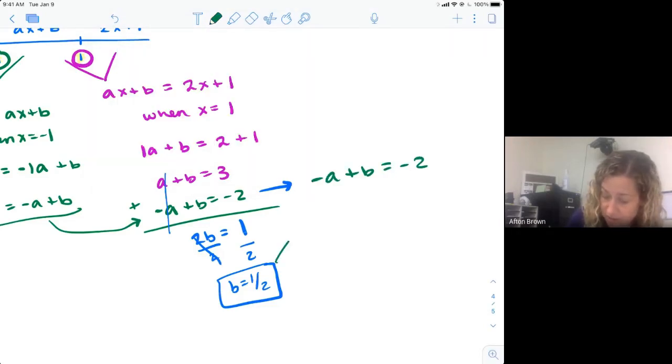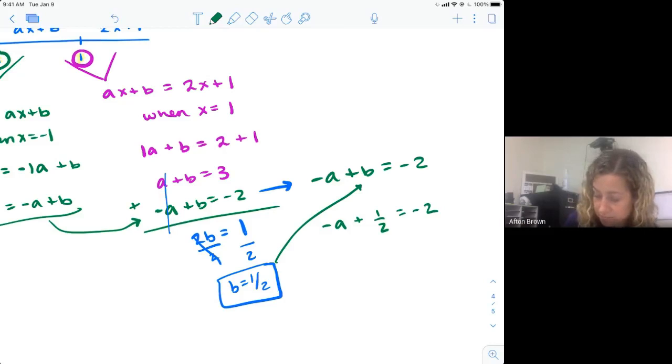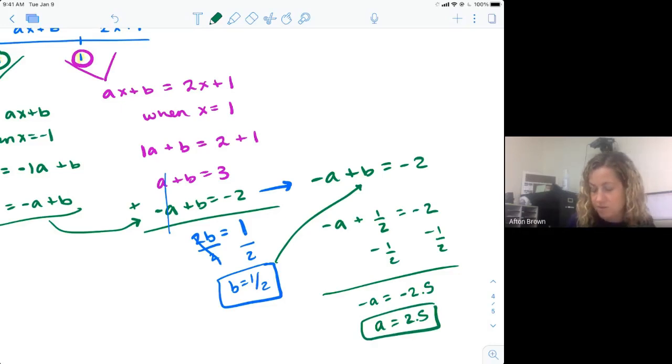So we're just going to plug in that b value. So we'd have -a plus 1/2 equals -2. And we just solve for a. So if I minus 1/2, I'd have -a equals -2.5. Divide by a negative, so a is 2.5. Okay, so now we've solved for a and b.